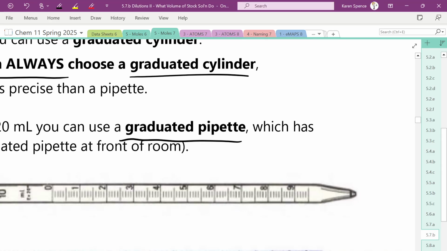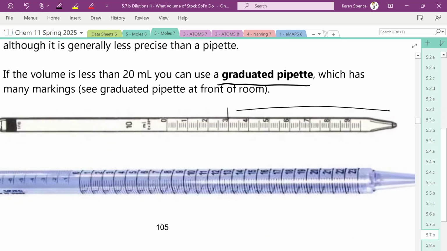So if you wanted 7 milliliters, you could start at the 0 and deliver it down to the 7, or you could start at the 3 and deliver it down to the tip. Don't worry about that too much. We don't use those. Not here. Okay?